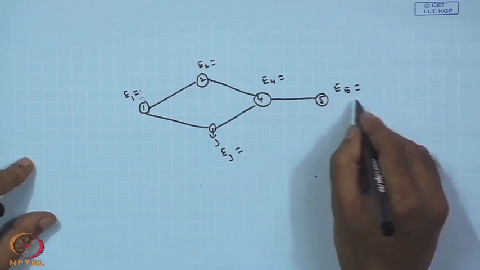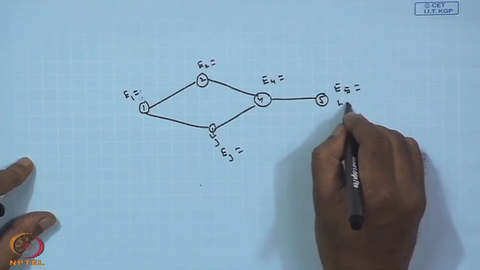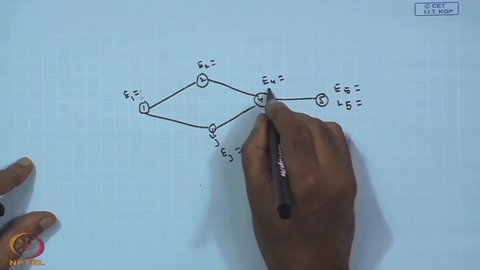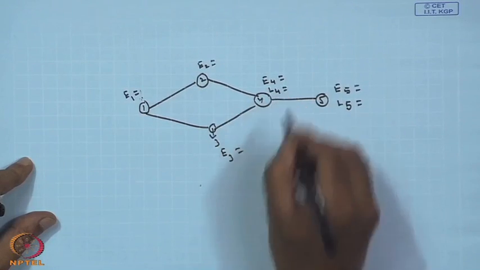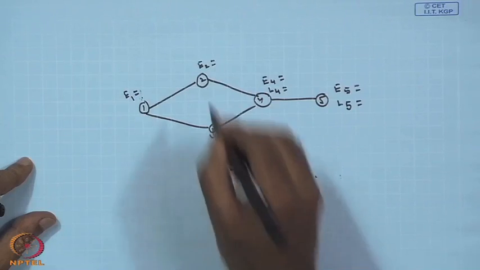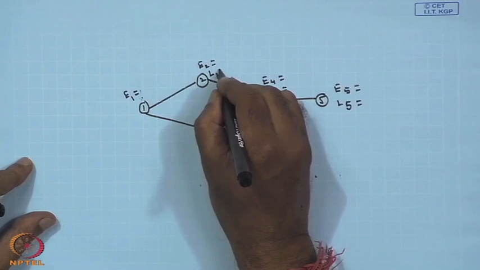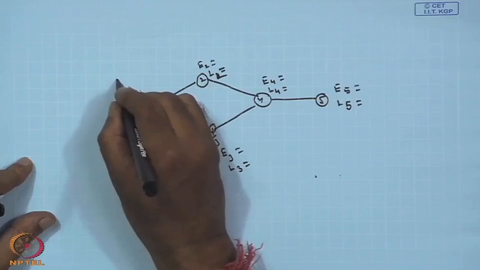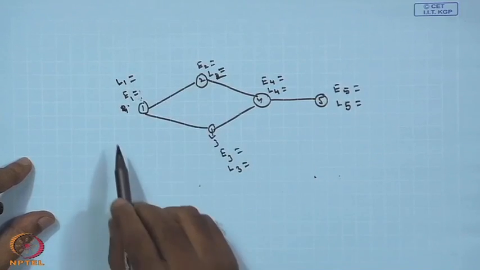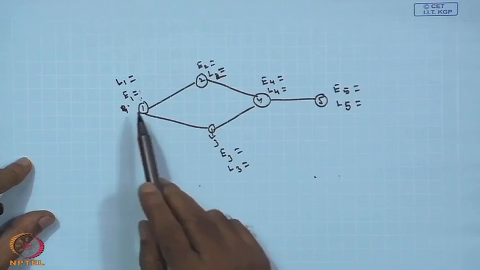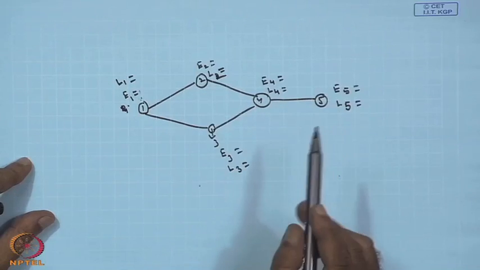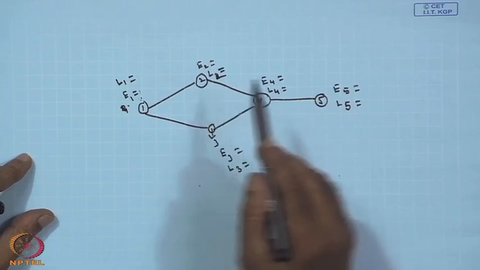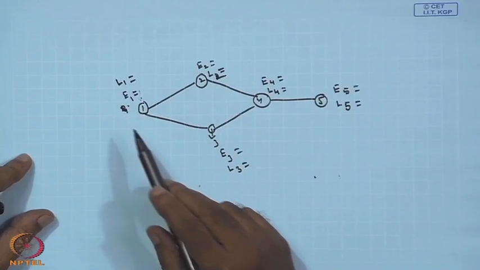Once I am getting E5, then for the backward pass I calculate L5, which is nothing but E5. From here I can calculate L4, from here L3, from here L2 and at last L1. So, using the forward pass you get the values of E1, E2, E3, E4, E5, and using the backward pass you get L5, L4, L3, L2 and L1.